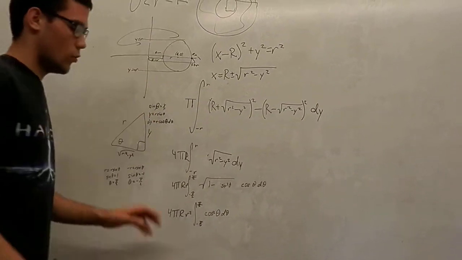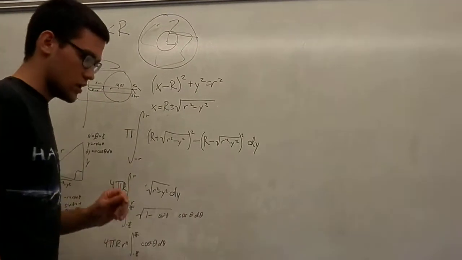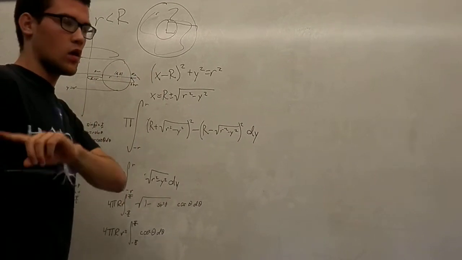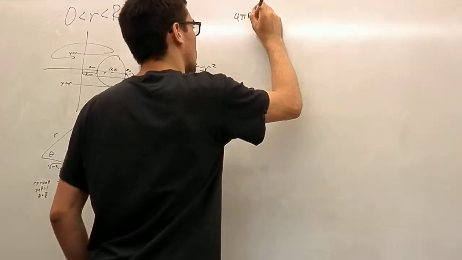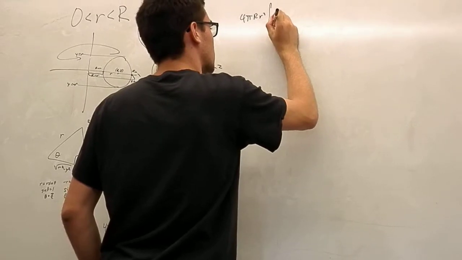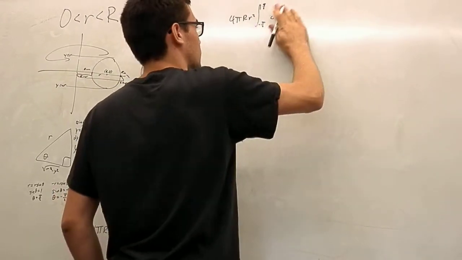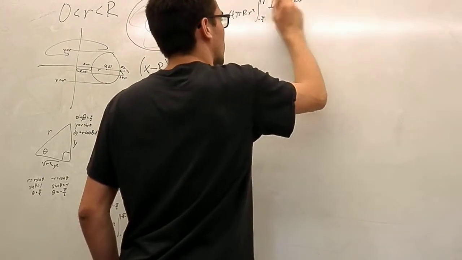So now for this, we can use our square identities. So cosine squared is equal to 1 plus cosine of 2 theta all over 2. So we're going to get 4 pi big R little r squared times the integral from negative pi over 2 to pi over 2 of 1 plus cosine 2 theta over 2.